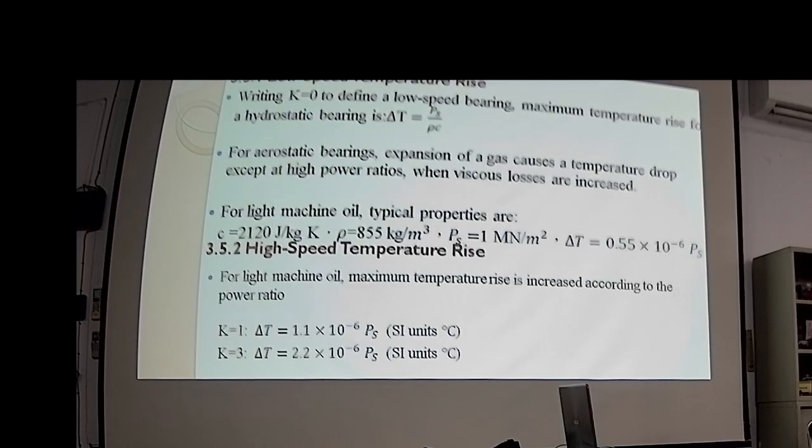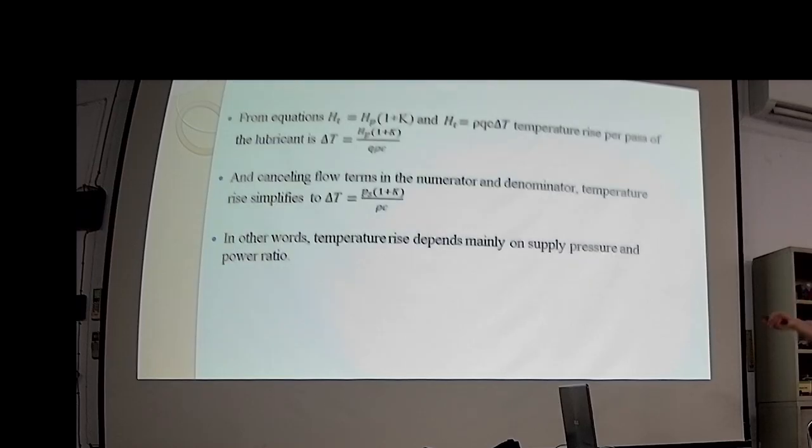So here we have different results for different assumptions. So K equals to 0, we define the low speed bearing with the temperature rise using this equation. So K equals to 0, so this one is 1.